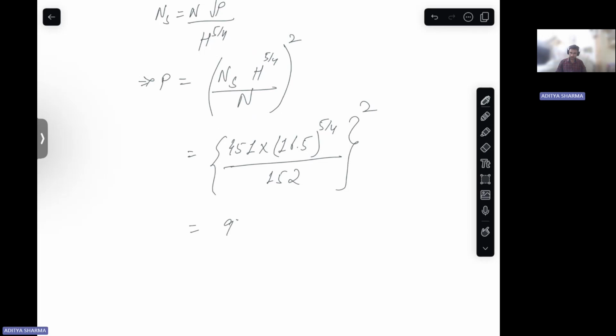So this will be 9735.89 kilowatts. Okay.